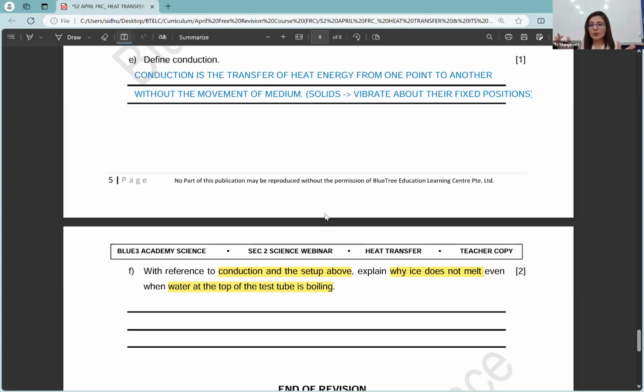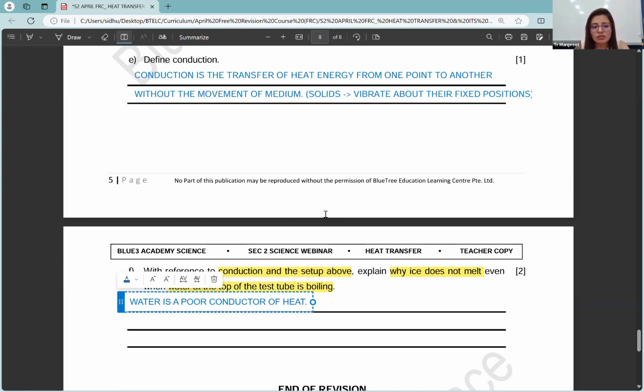Because it's a liquid, a fluid, heat can transfer from one point to another. So what are we using? Water. Now, water is a poor conductor of heat, just like air is. Air is also a poor conductor of heat.